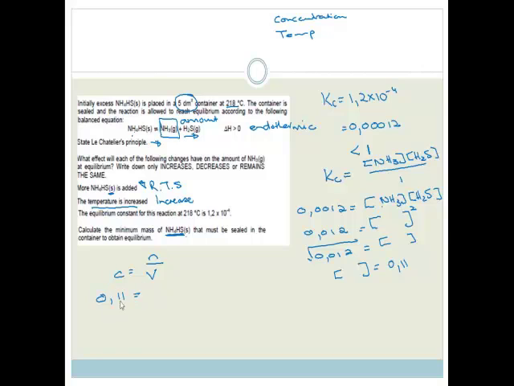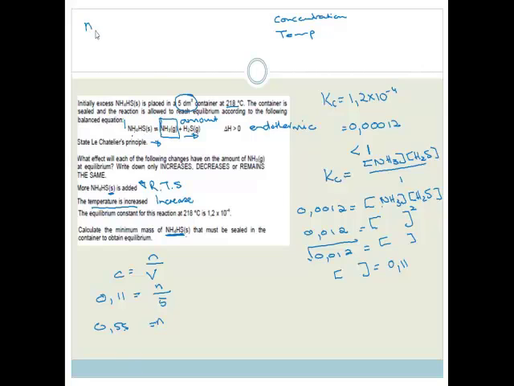So 0.011 is equal to n over 5. Therefore the number of moles of this is going to be 0.055. So the number of moles of ammonia is 0.055, the number of moles of hydrogen sulfide is 0.055, and because this is also a ratio of 1-to-1, the number of moles of ammonium hydrogen sulfide is also 0.055.